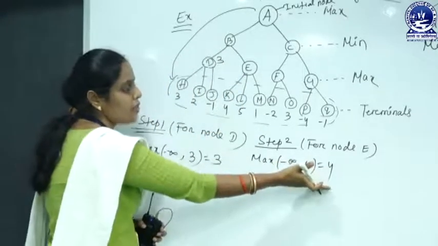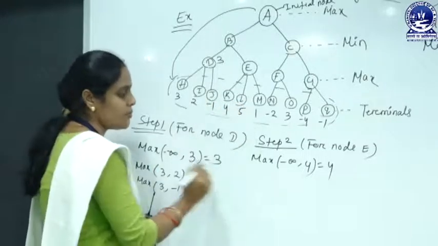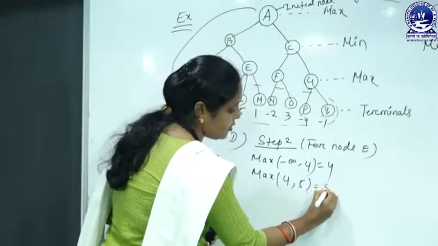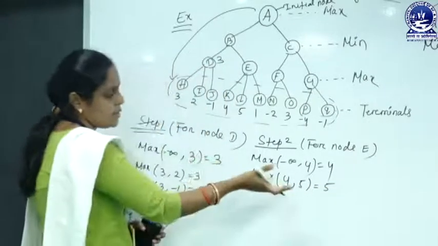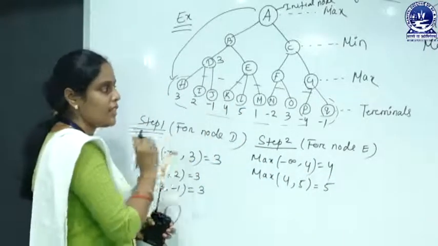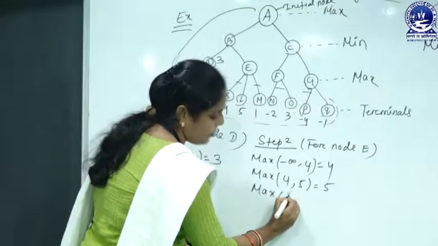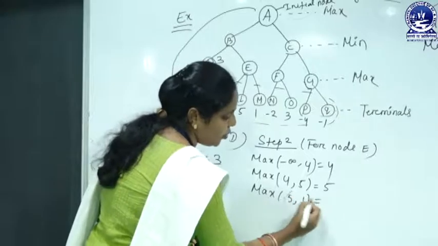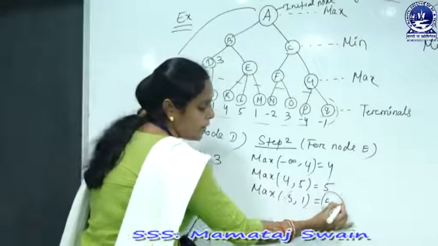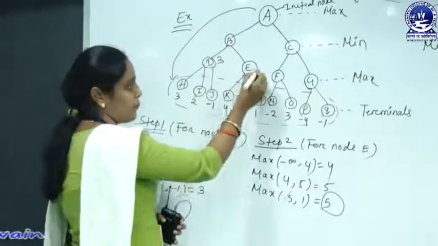Now this value is compared with the next terminal value, that is L, whose value is 5. Now max of 4 and 5 is equal to 5. Next this 5 will be compared with the next terminal value, that is M, then max of 5 and 1 is equal to 5. Now here 5 is your utility value or maximized value for the node E.